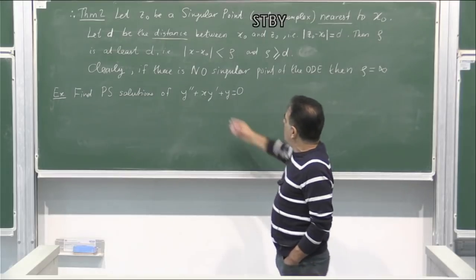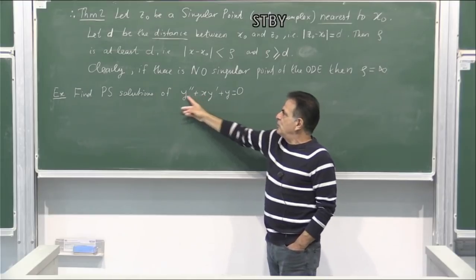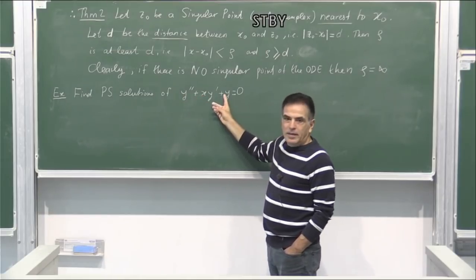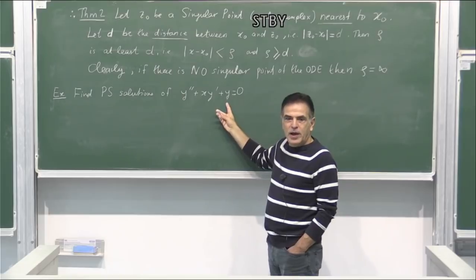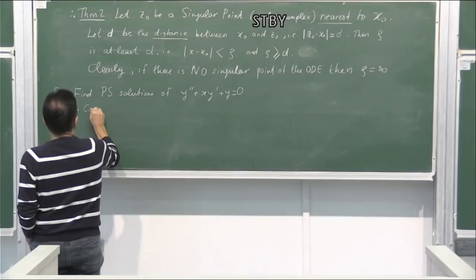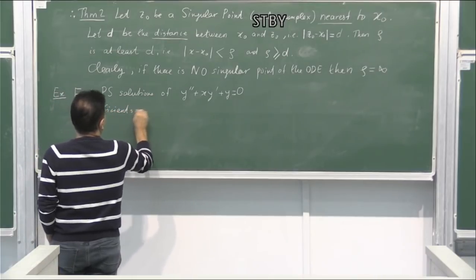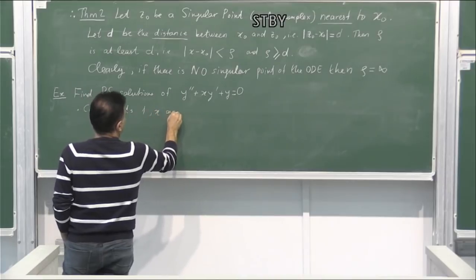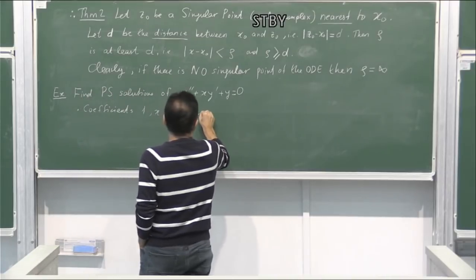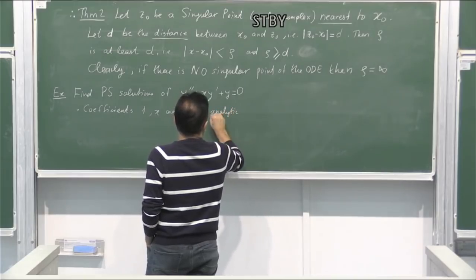Now, is there any singularity? Look, the coefficients are 1, x, and 1. They are both analytic everywhere. Okay? So coefficients 1, x, and 1 are analytic everywhere.